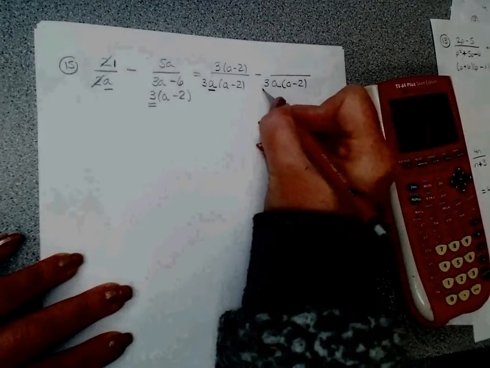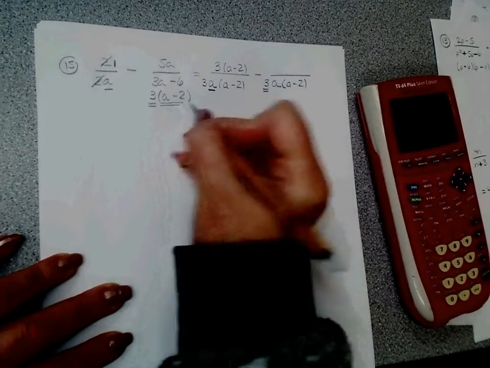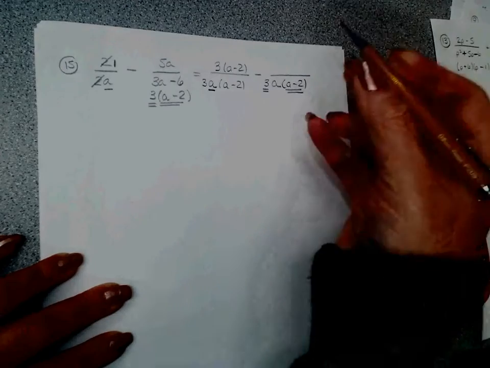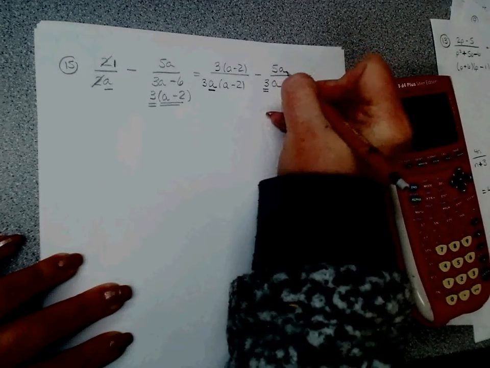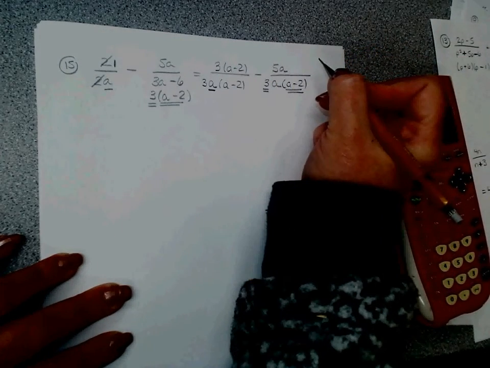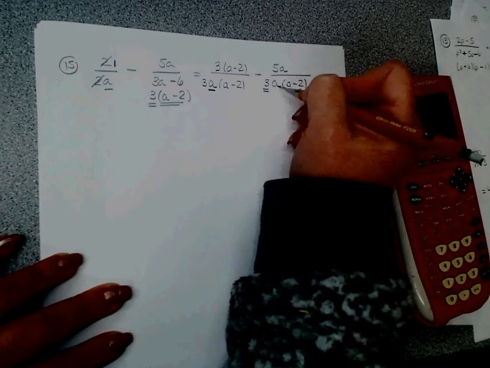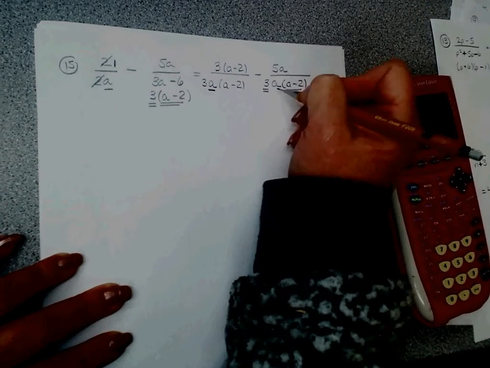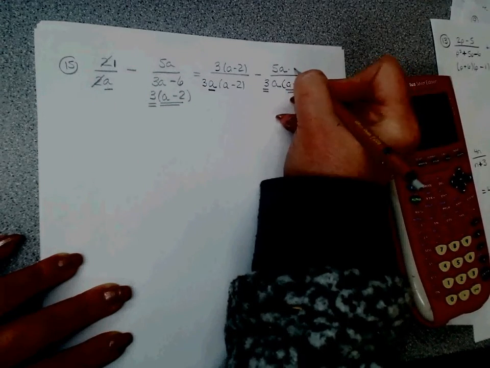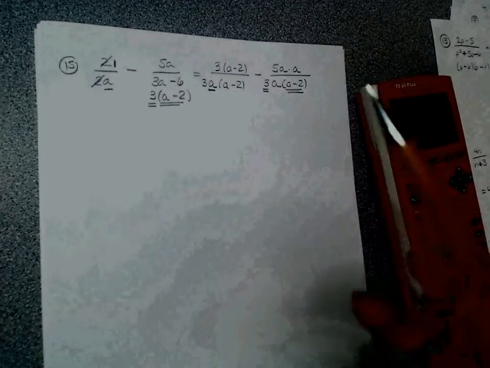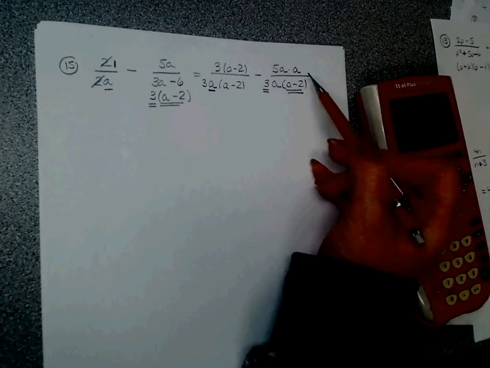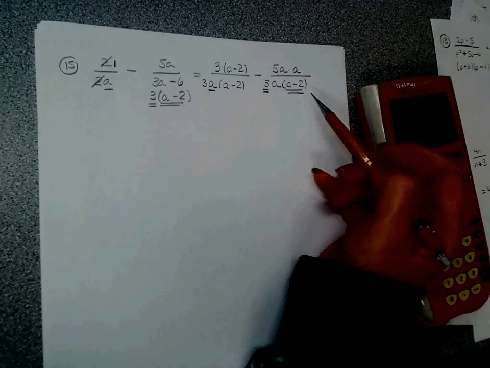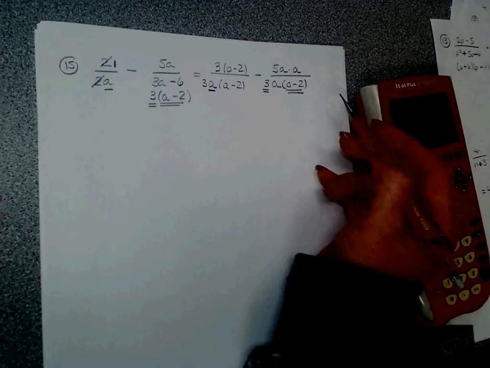Now this one had a 3, and it had an a minus 2. Here's what was already up there. It needs an extra a. I put an extra a on the bottom, so I had to put an extra a on the top. Can't cancel those a's because you haven't put the extra one up on the top yet.